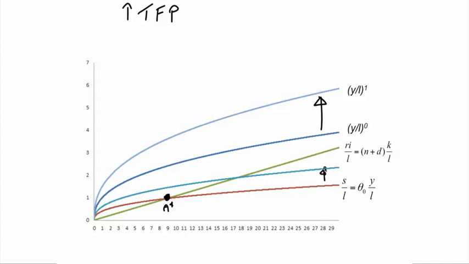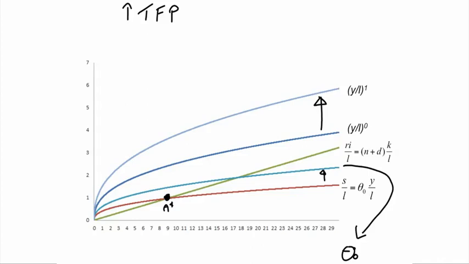But this is a different shift to the one I had in the previous slide. This saving line will still feature the same savings rate. We've not grown the savings rate here. It's still 40% of income. The point is it's now 40% of higher income. So as the production function shifts up, so too does the savings function.